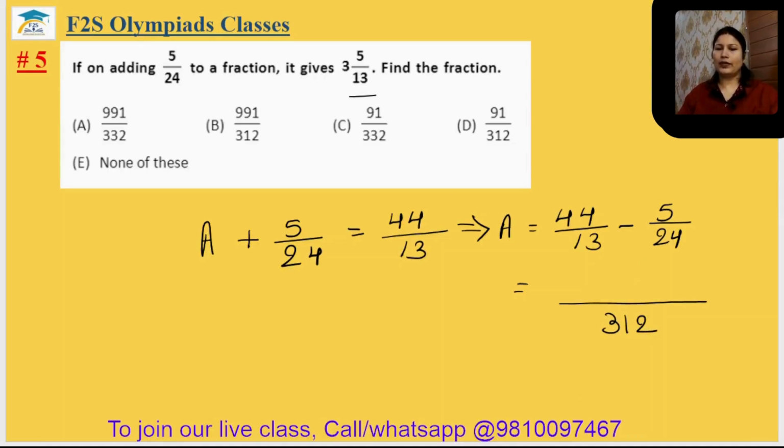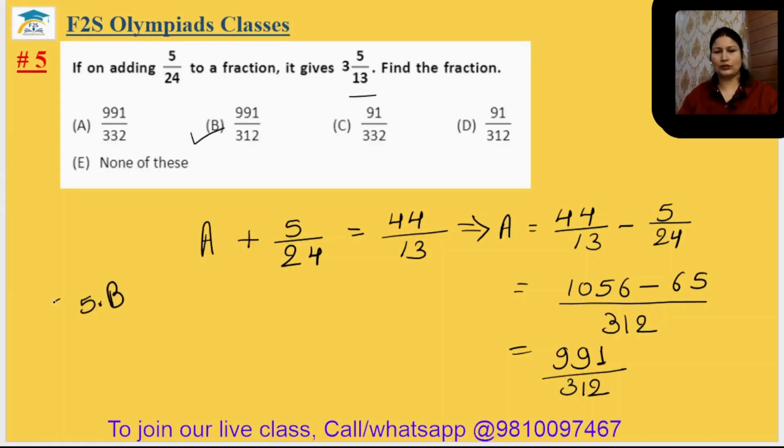Now the numerator will be 44 multiplied by 24, as there is no common factor. 1056 minus 65, that is 991 upon 312. This is available in option number B. The fifth answer is option B.